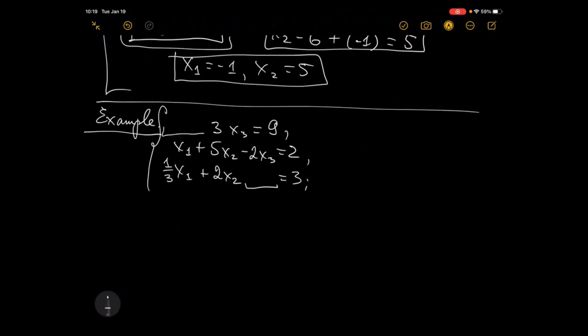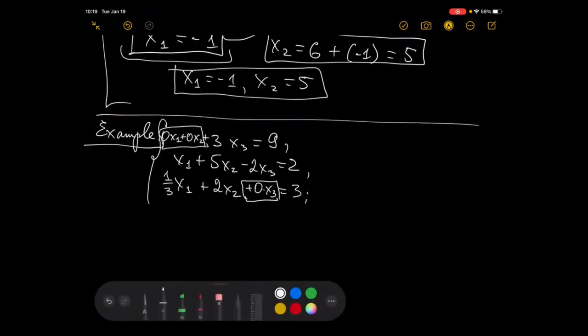And here I don't have anything for x1 and x2. But really it's still linear combinations. So you can really write it like that. We just omit the unknowns with 0 coefficients, but that's it. For simplicity, we omit them.